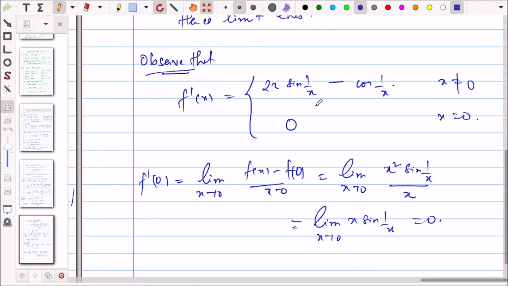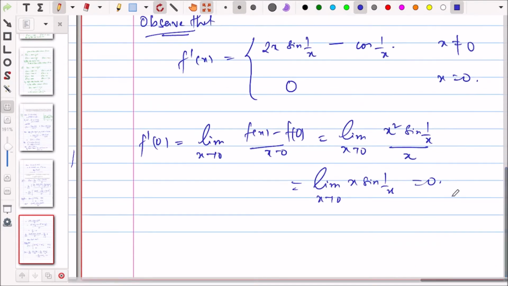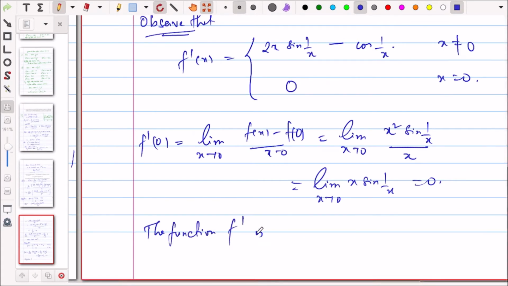Now this function f dash is not continuous at x equal to 0, it is easy to see, and hence f double dash 0 does not exist.